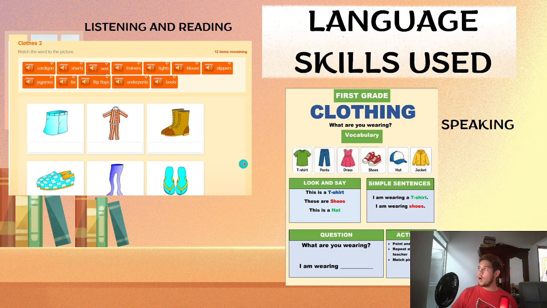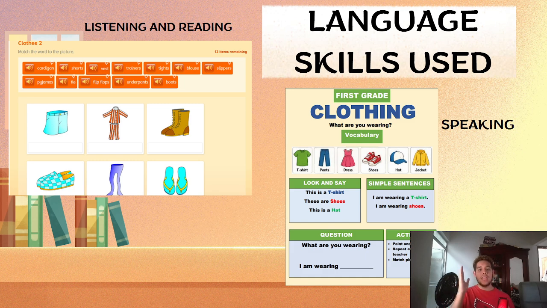After that, we move on very quickly to language skills used. Here we have 3: listening and reading, which we see on our left, and speaking, which is with the poster. We'll see why. Listening: students must listen to the high-quality digital audio to recognize the spoken names.